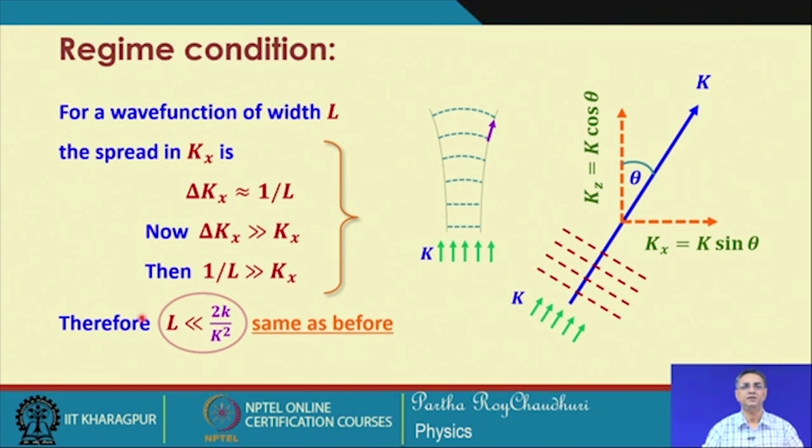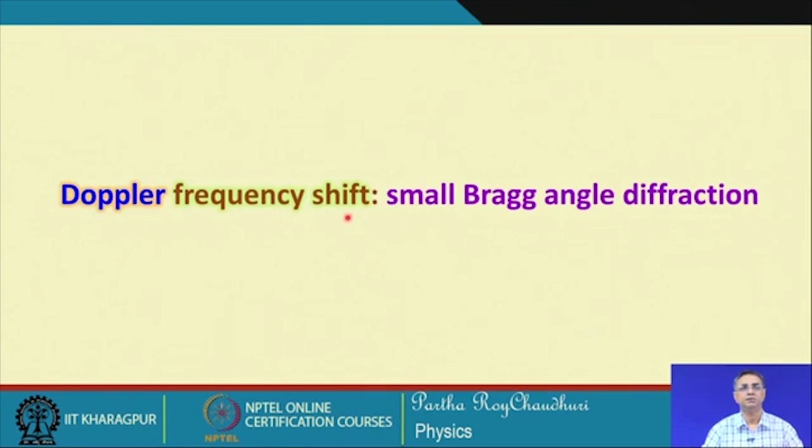Then 1 by L, which is approximately equal to delta k x, is much greater than k x, and therefore, this L must be much smaller than twice k by capital K square. This is the Regime condition that we have seen earlier to decide the condition for Bragg diffraction and Raman diffraction. So, this L must be much less than this, and if it is greater than this, then that will correspond to the Bragg diffraction.